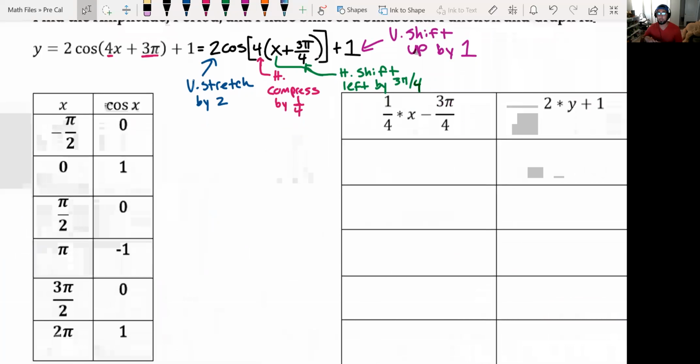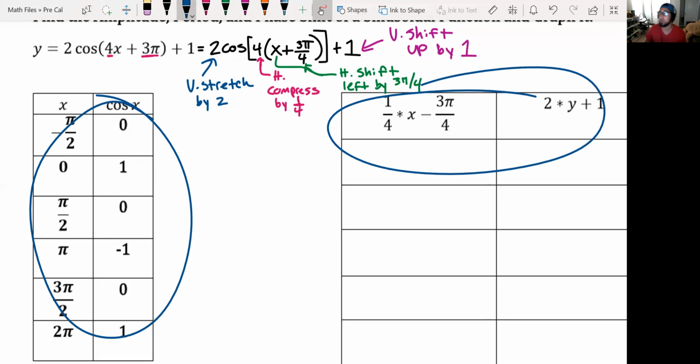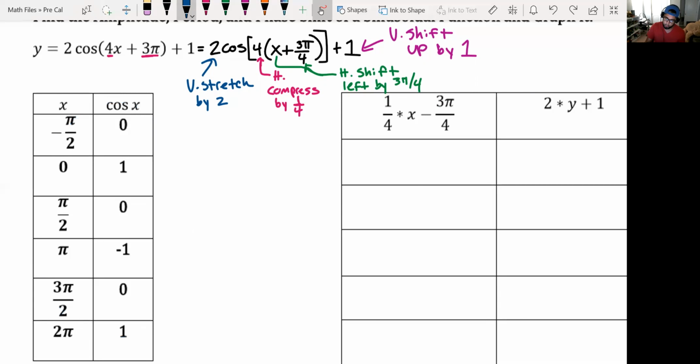Okay. And for your viewing pleasure, I have the parent function coordinates of cosine on the left side, and I have the transformations that we're going to do written on the right side. So all we have to do is transform. So once again, the horizontal compression is 1/4.